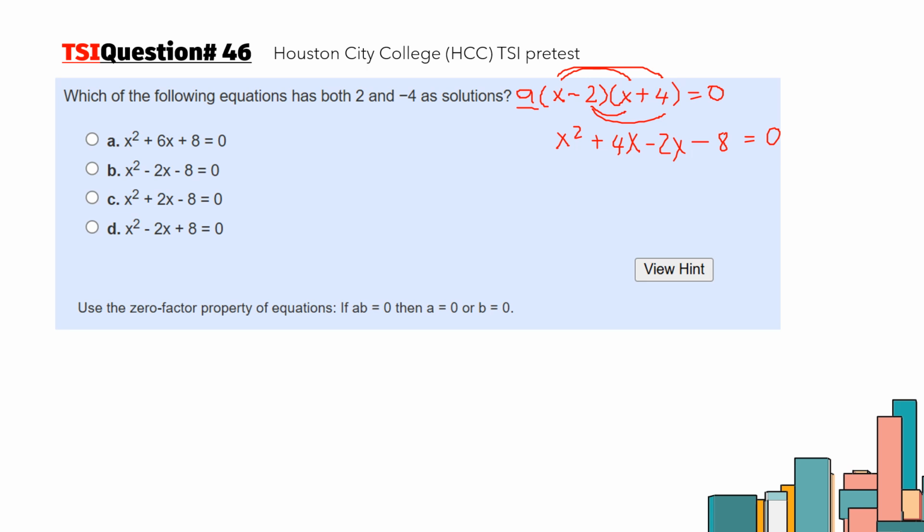Then we simplify: x squared plus 2x minus 8 equals 0. Because the first coefficient in the answer choices is all 1, the coefficient in this case is 1. So we look at the answer choices, and C is the right answer.